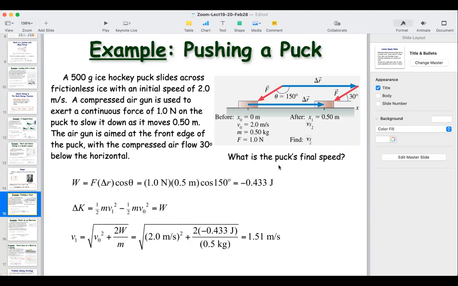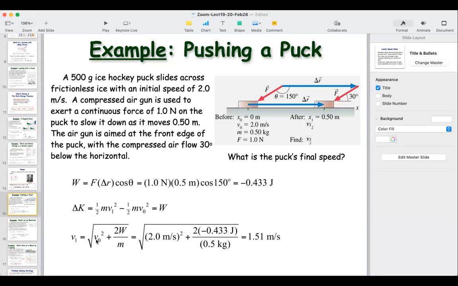Okay, so from this, we can find the final velocity, which is equal to the square root of the initial velocity squared plus 2 times the work divided by the mass. So here I just isolate this. I bring this to the other side, and then I divide by the mass and multiply by 2. And so it comes out with this.